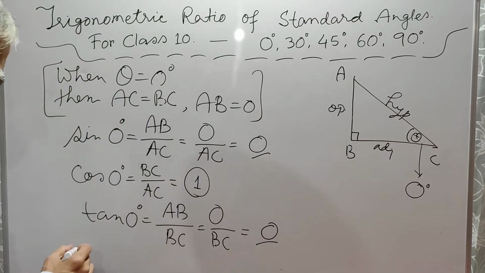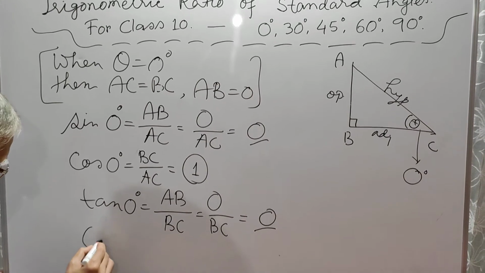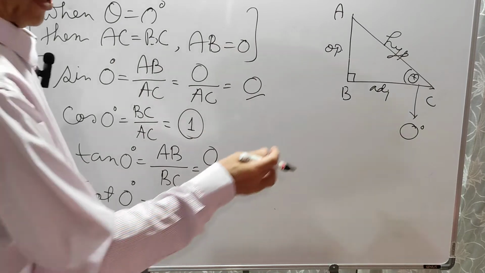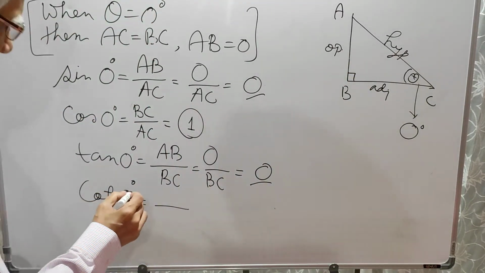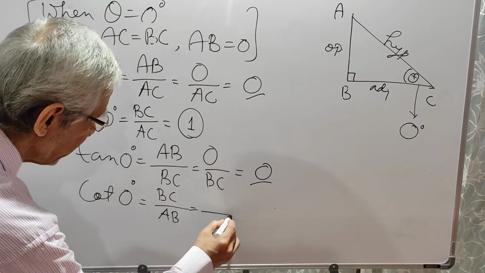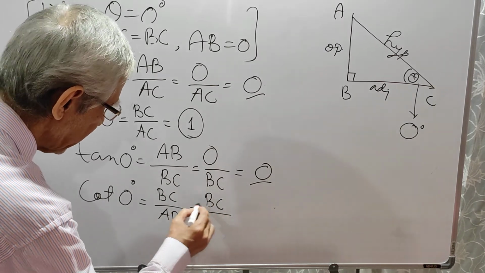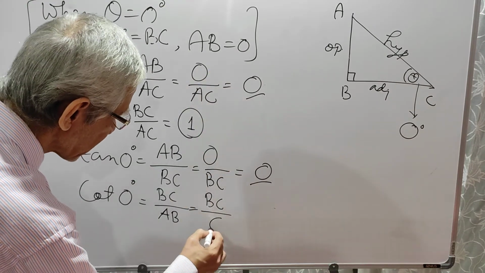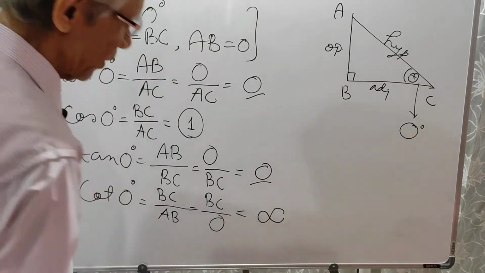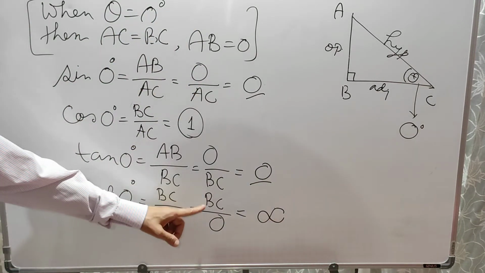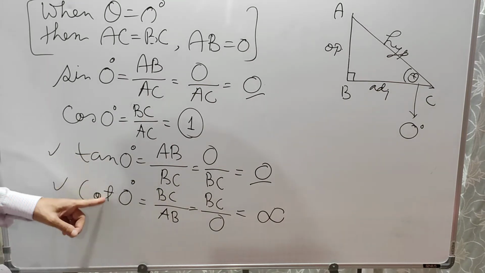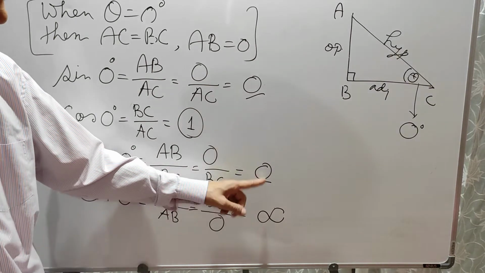Now come to cot 0 degree. Cot is adjacent by opposite, that means BC by AB. BC remains BC and AB is 0. Anything divided by 0 is infinity, which I saw before in the case of 90 degree. Now tan and cot are reciprocals of each other, so 0 and infinity are reciprocals of each other.